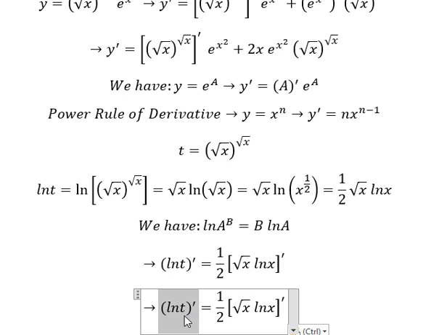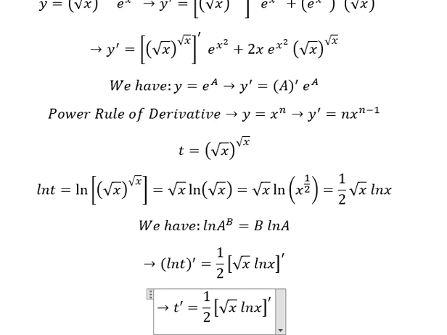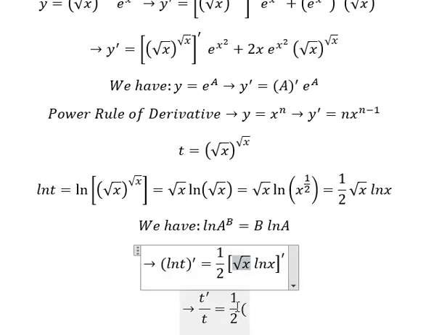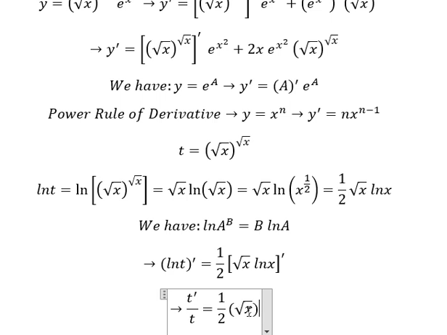So if we do first derivative of f of t, we have first derivative of t over t. This one, we need to do first derivative of the square root of s multiplied by f of s.